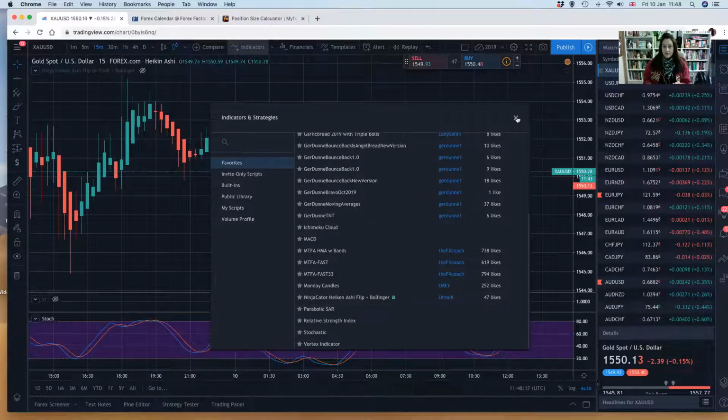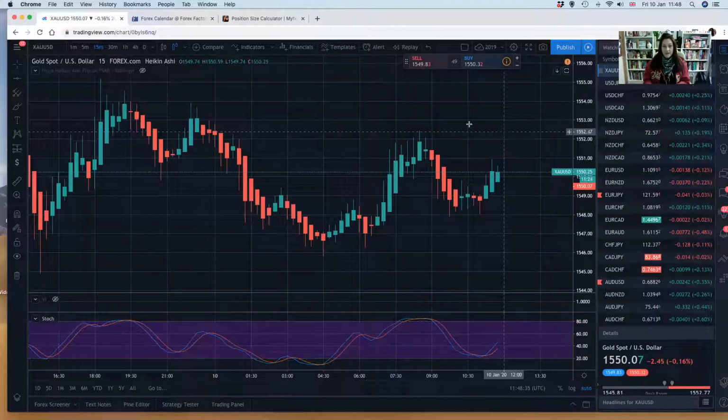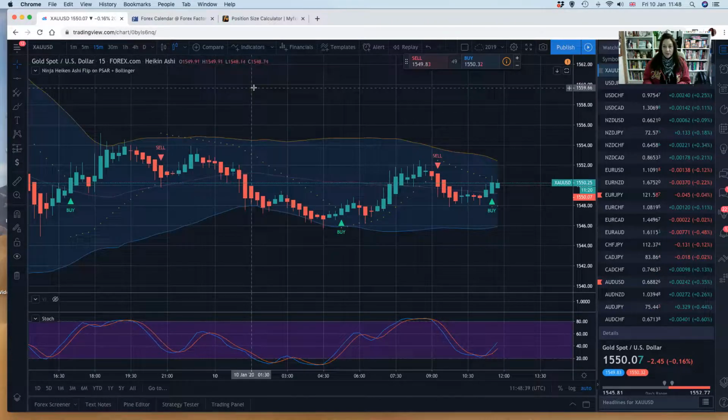Right. But what is wonderful about our brand new Ninjacator is that a guy in our team who is an incredibly clever computer programmer has actually put together the BYOB strategy and put it into one indicator, which is an exclusive for our team. Now that indicator, I'm going to turn it on, it's called the Ninjacator.